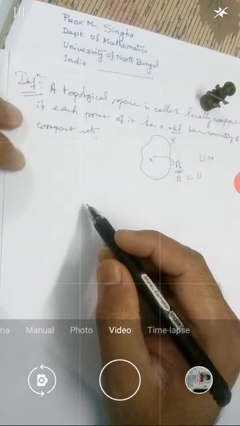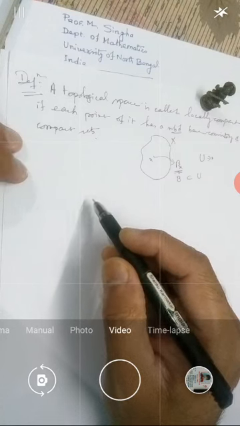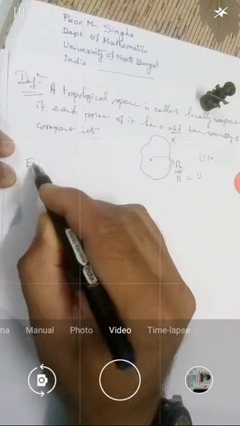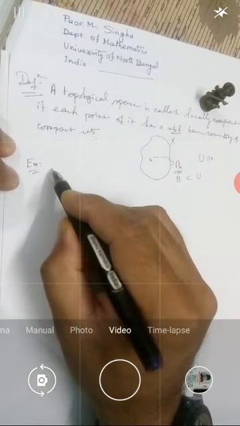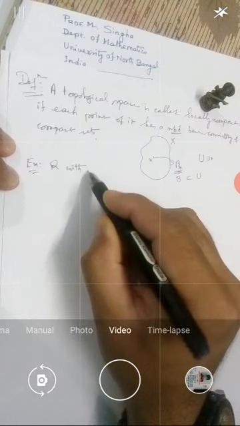So let's see some examples of locally compact spaces that can be checked from this definition directly. So first example is R with usual topology.